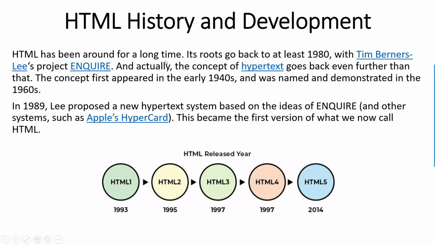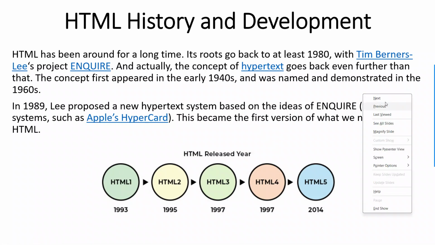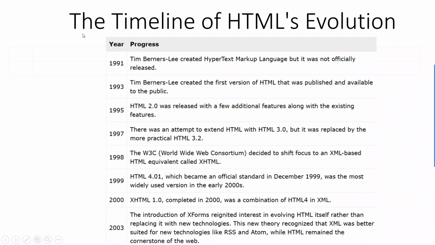In 1993 HTML1 was introduced, and after that HTML2 in 1995. Then in 2014 HTML5 was released. These were the previous versions of HTML, which have some basic features. So this is the timeline of HTML's evolution.